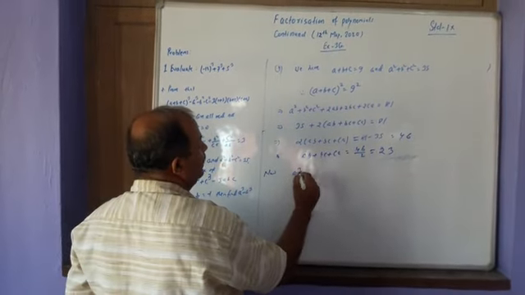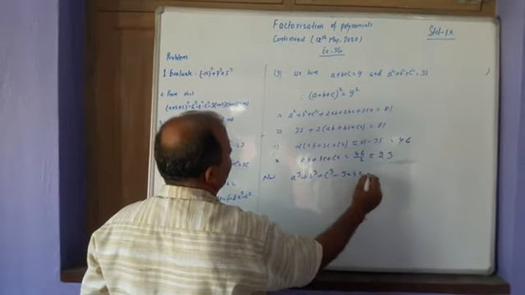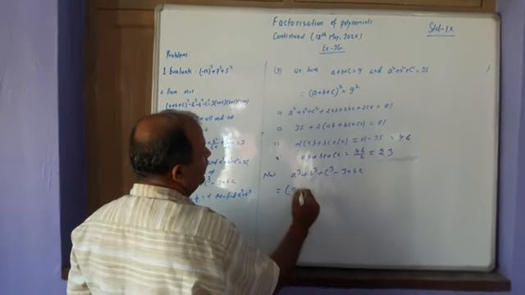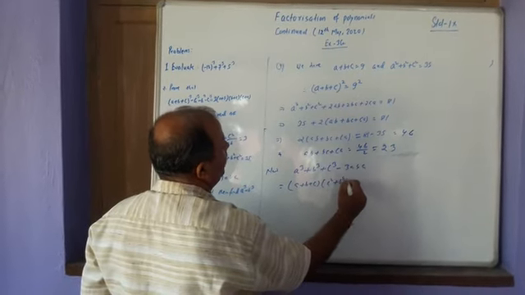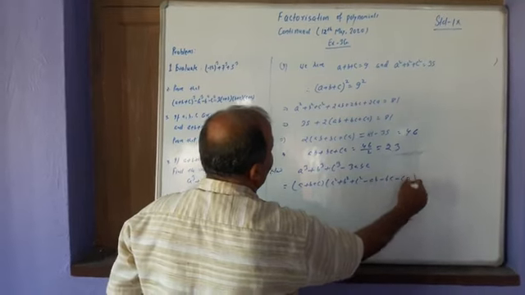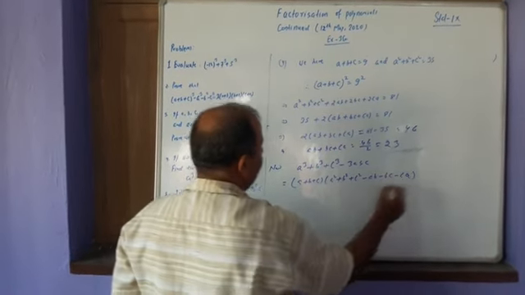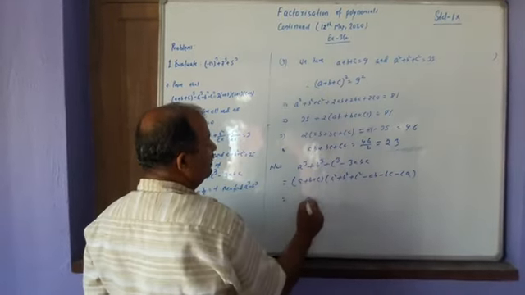Now we have to find the value of A cube plus B cube plus C cube minus 3ABC. You already know A plus B plus C into A square plus B square plus C square minus AB minus BC minus CA. Now A plus B plus C is equal to 9.